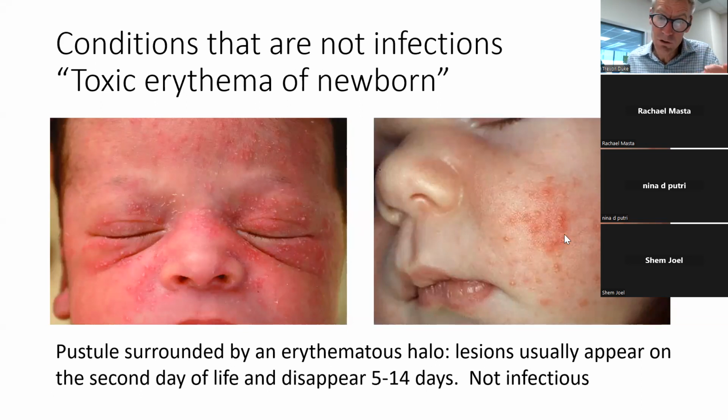They're not big pustules, and they're usually on the nose and the face. It's usually a hormonal condition that will resolve by 2 weeks of life. So if the baby's not unwell, if they're a well-looking, thriving baby, feeding well and not febrile, then they don't need to be treated with systemic antibiotics at all.